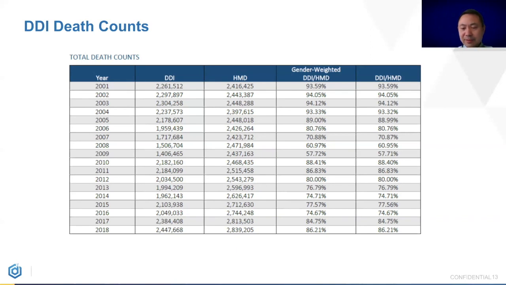But in terms of the whole population death counts, it still misses by a meaningful portion in an uneven manner across ages. For years between 2006 and 2009, DDI seems to have missed the total death counts by a wide margin. So one way to mitigate that is to use recent data from DDI that's not available in other databases, and perhaps use other databases to supplement historical experience and historical counts.